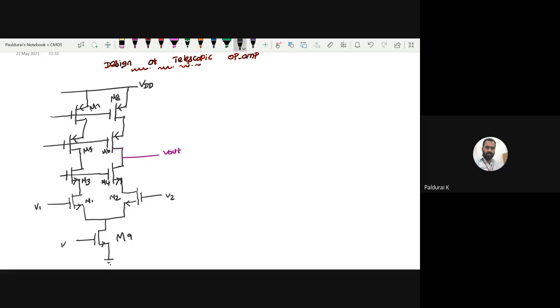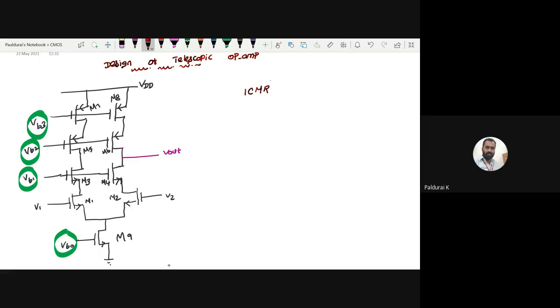This one I have taken as VB0, this is VB1, VB2, VB3. I want to write the formula for all these four biasing voltages.